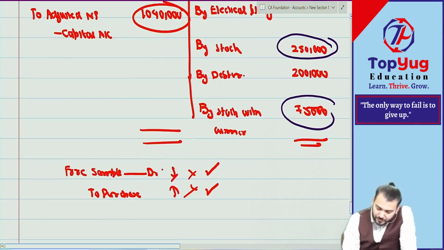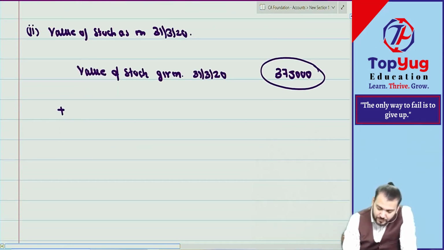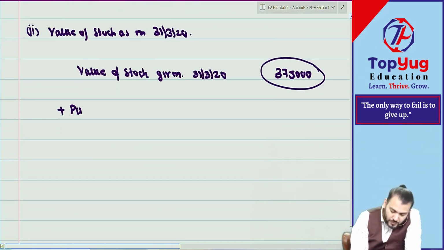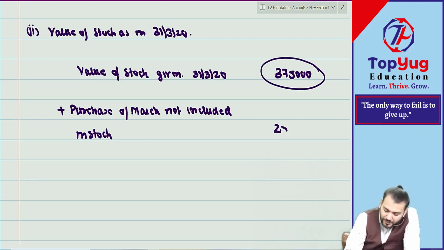Purchase of March not included in stock, so include it: 2,50,000.